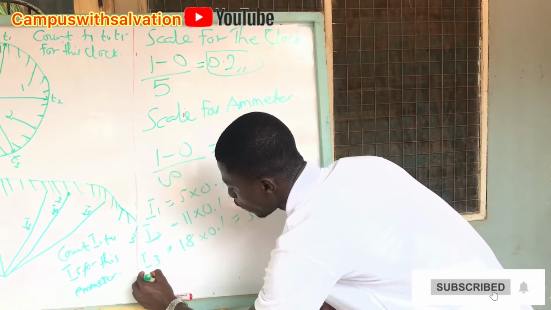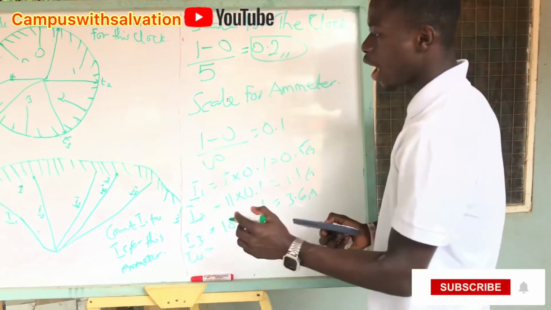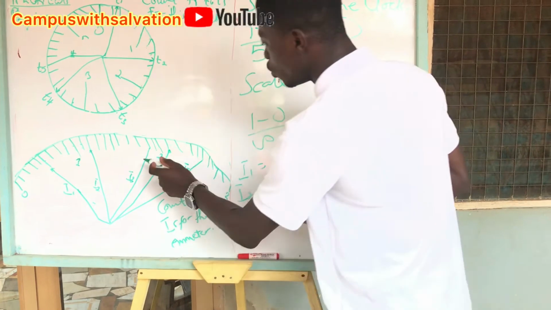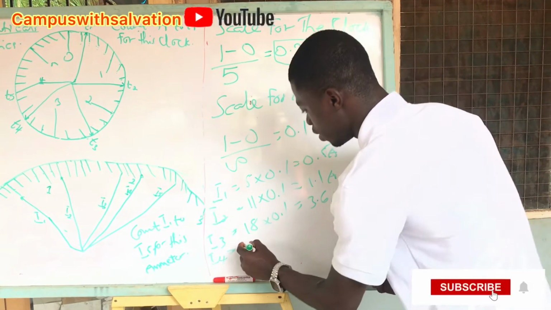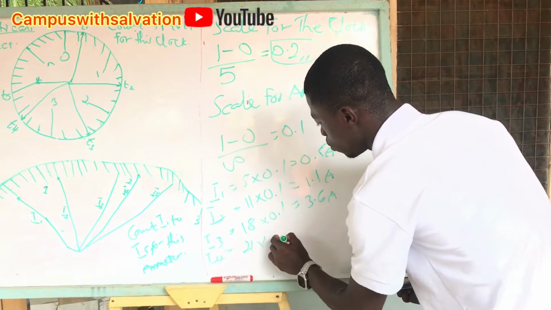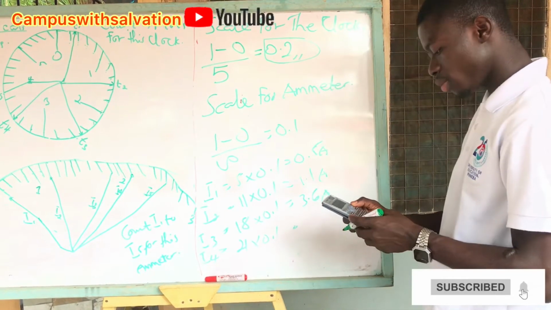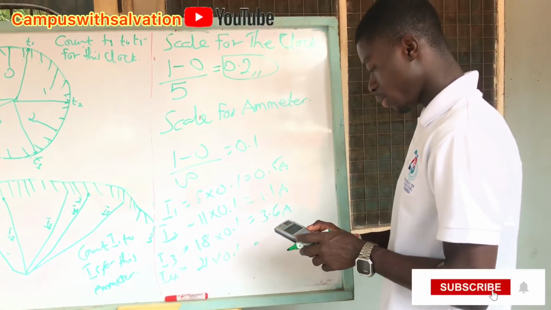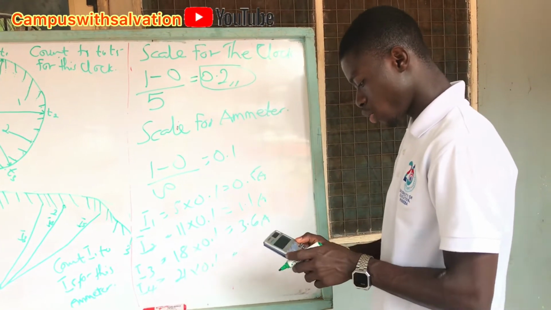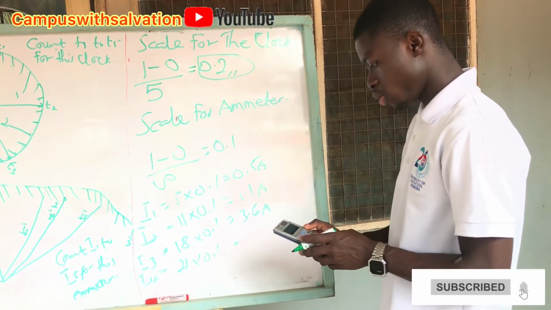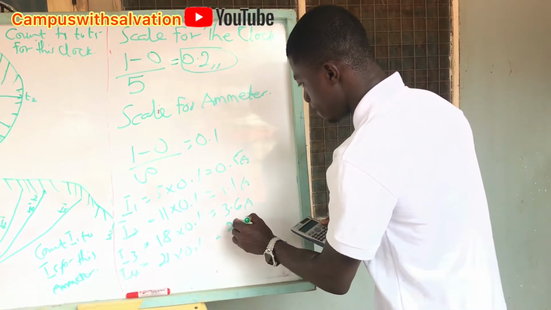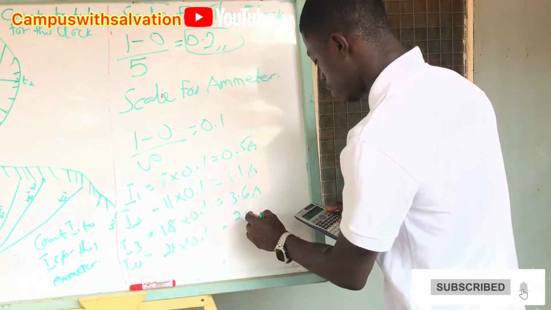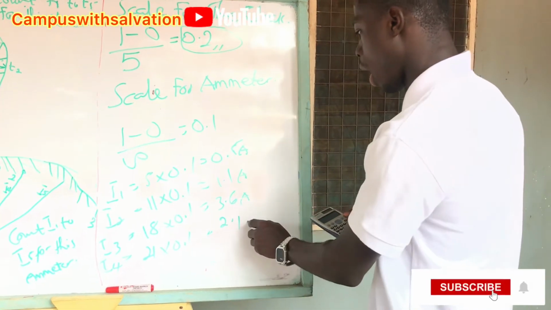So we have I4. I4, we have here to be 18, 19, 20, 21. So 21 times 0.1 will give us 2.1 ampere.